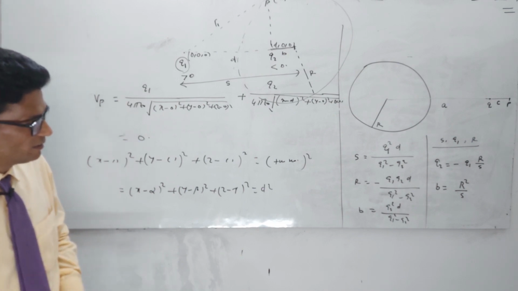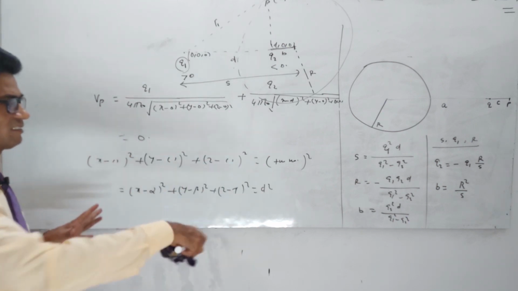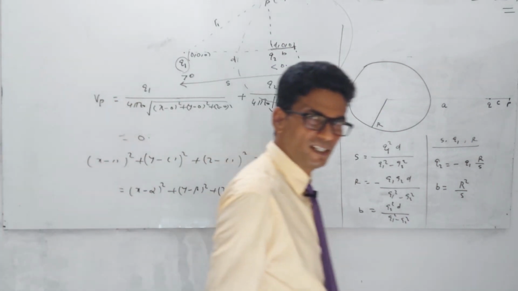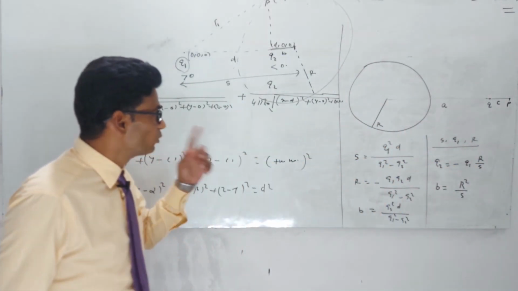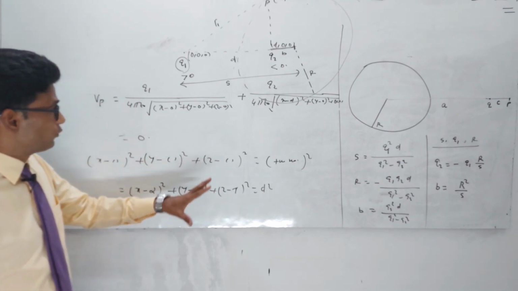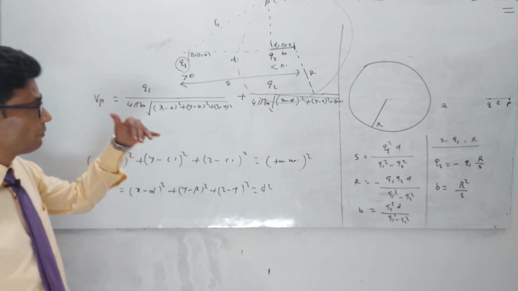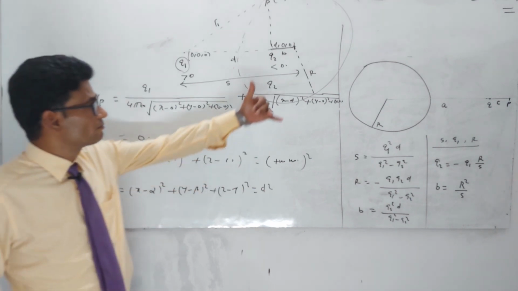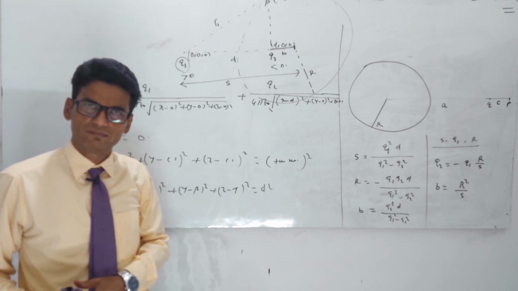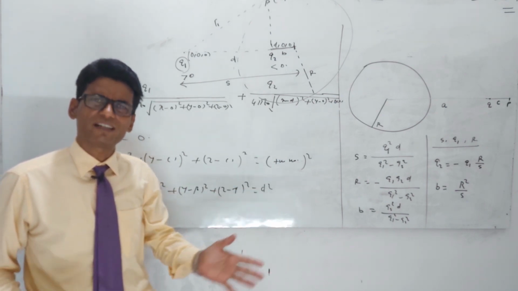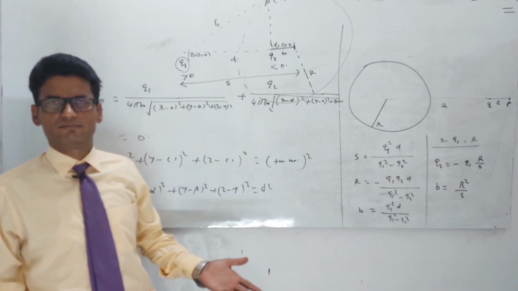So what are we going to do with these results in case of the image method? Look at here, we had got these results by taking the potential of the sphere as 0. You might take anything, but we are interested in such a way that the potential becomes 0.